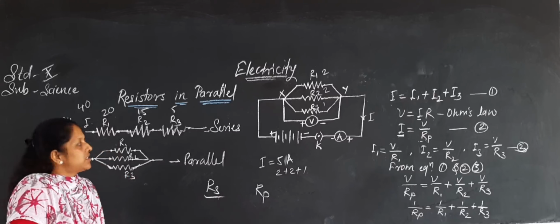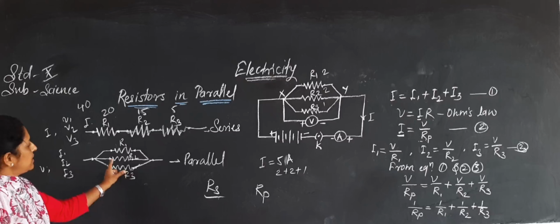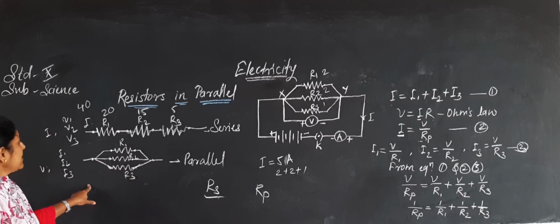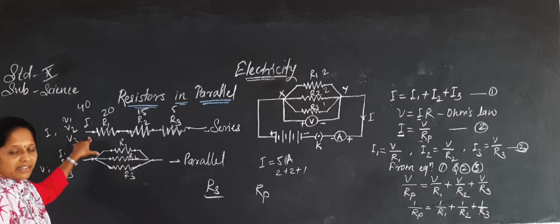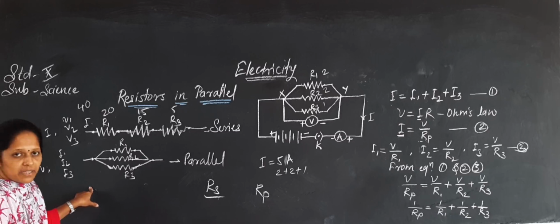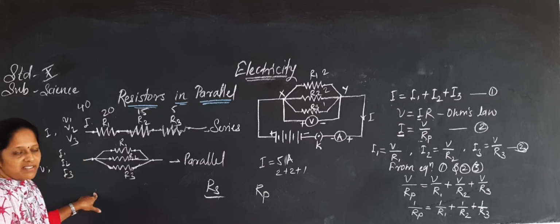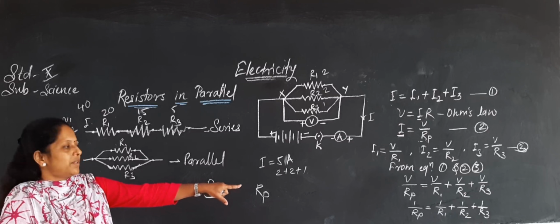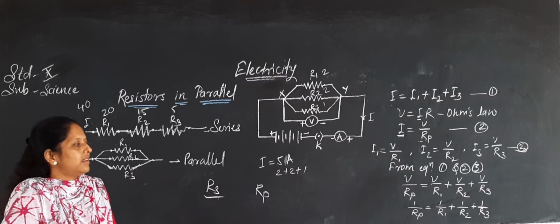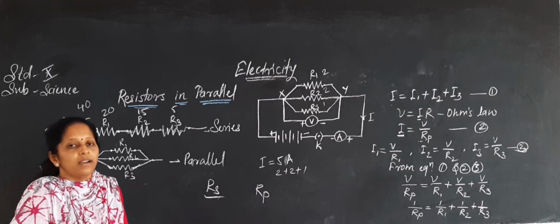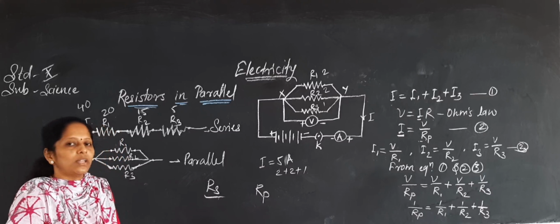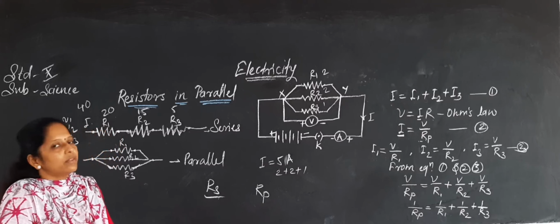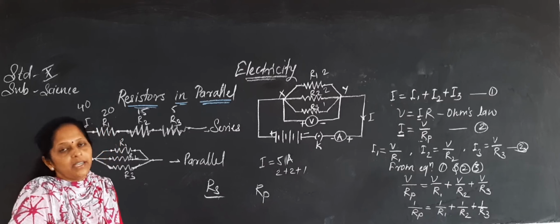And the potential difference is different in series, while in parallel the potential difference is the same. Those are the differences. The reciprocal of a parallel resistance is equal to the sum of the reciprocals of the individual resistances. So this is about resistors in series and parallel.